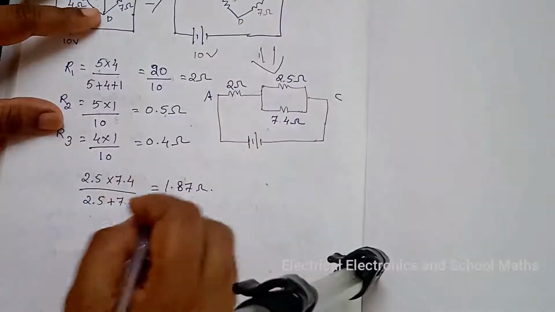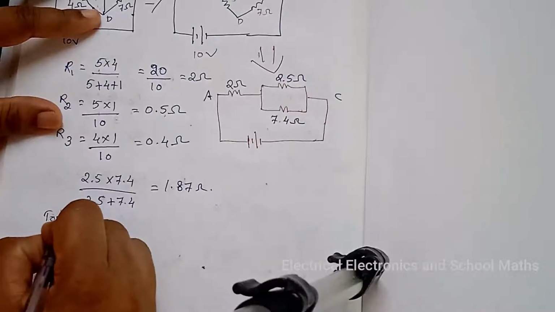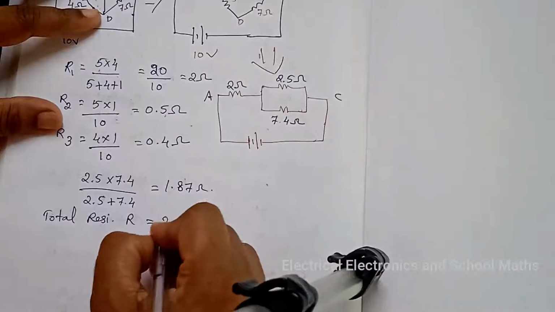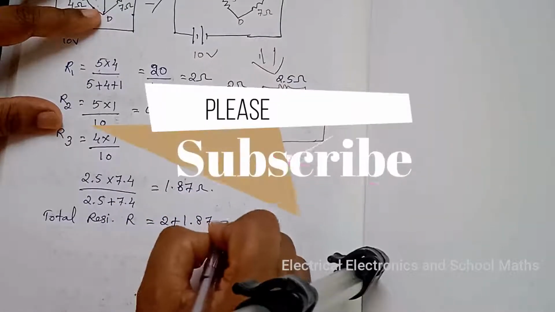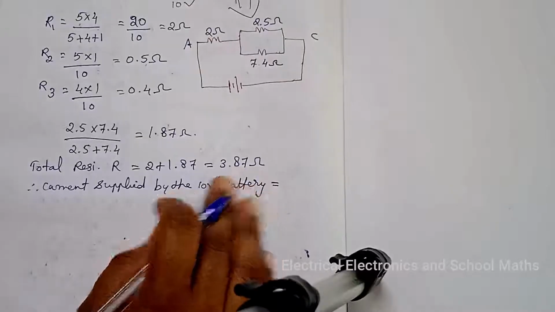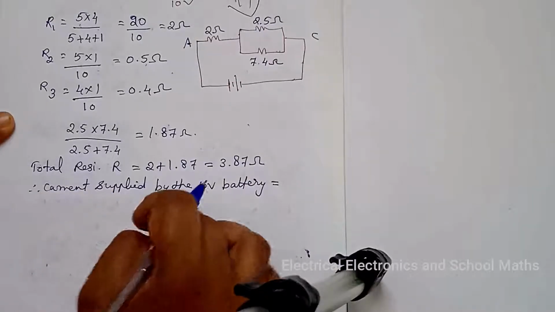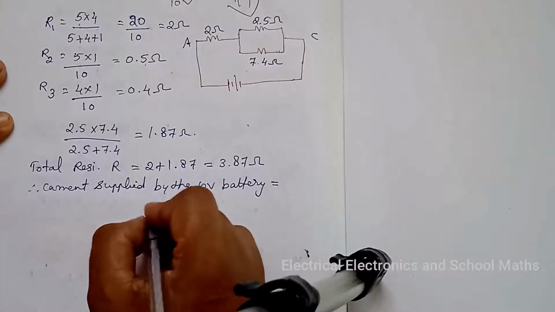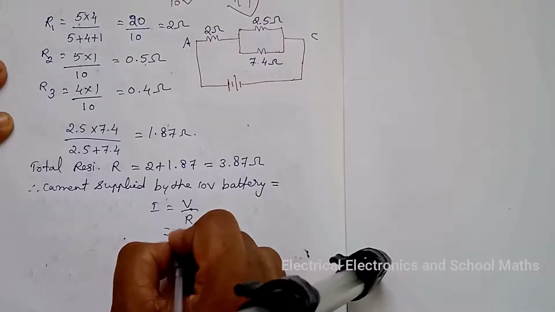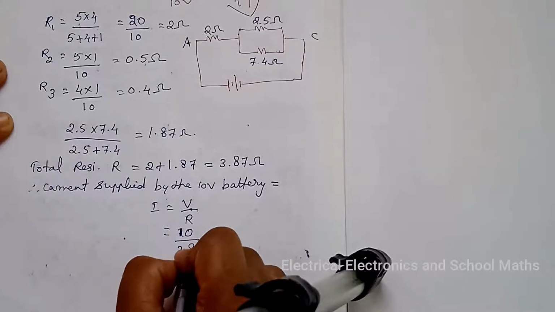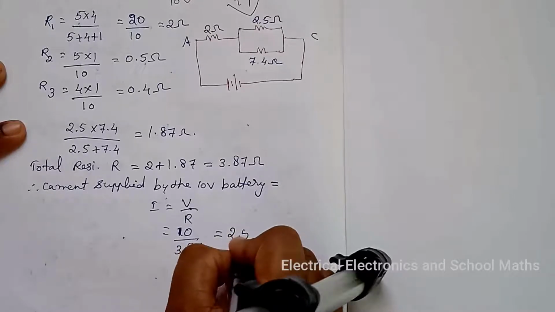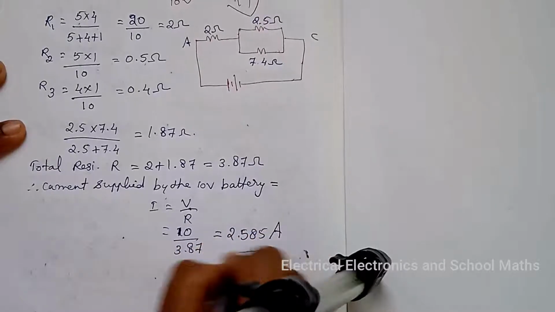So the effective total resistance is equal to 2 plus 1.87 equal to 3.87 ohm. Therefore, the current supplied by the 10 volt battery, current I equal to V by R equal to 10 divided by 3.87 equal to 2.585 ampere.